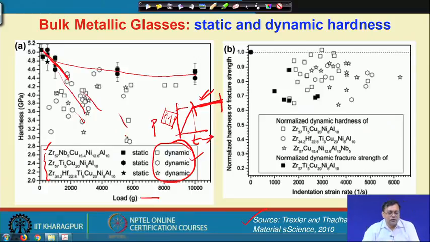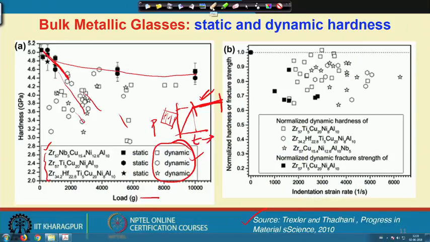Definitely, an explanation came based on free volume creation and the effect of this free volume under pressure, which leads to a decrease of the static and dynamic hardness in the case of a metallic glass.